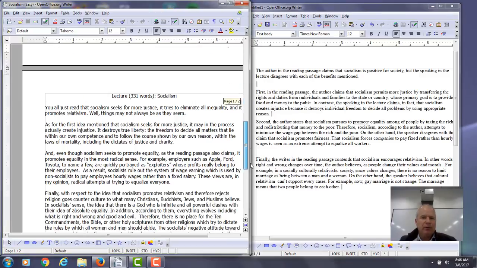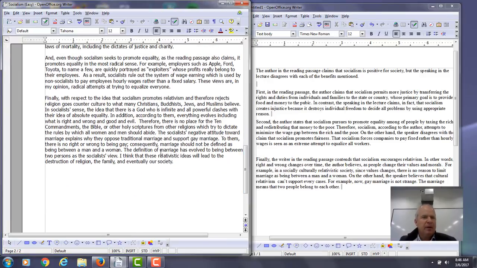Let's look at what the speaker says here. The speaker says that the relativism rejects religion because it goes against what Christians, Buddhists, Jews, and Muslims believe. So they reject that. They think it will cause a destruction of religion, family, and eventually society, right?